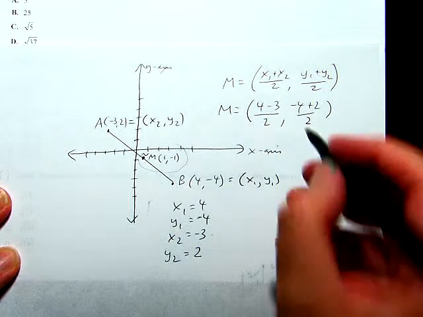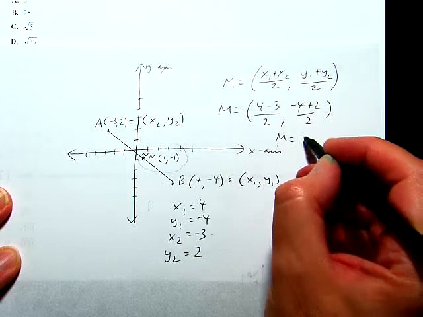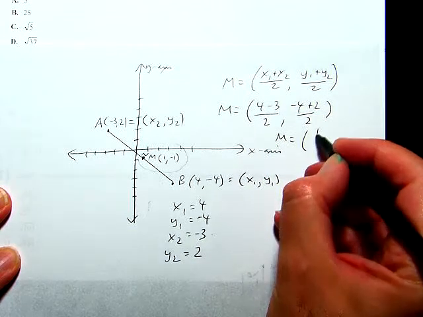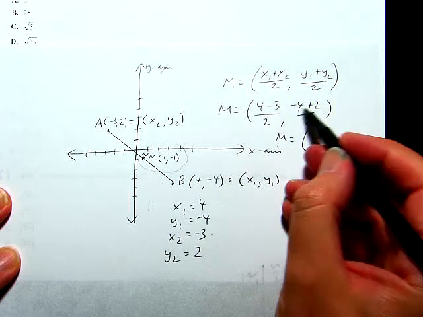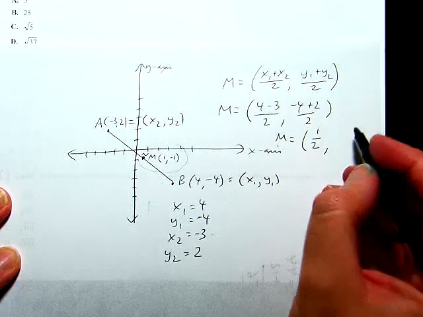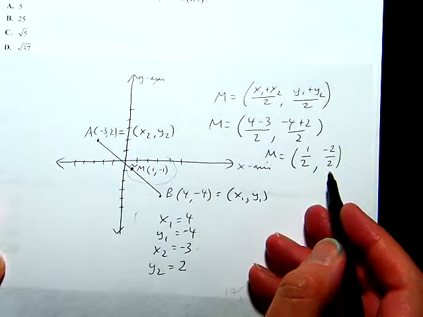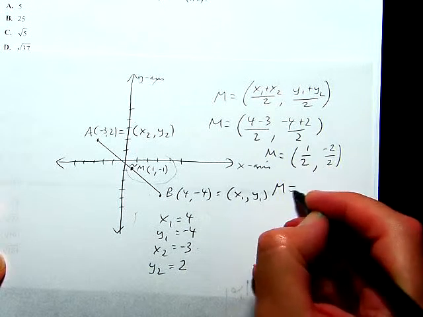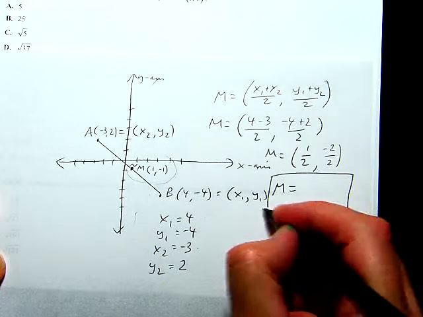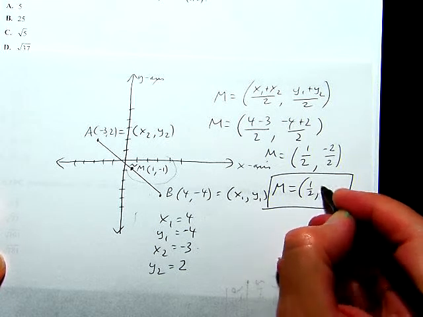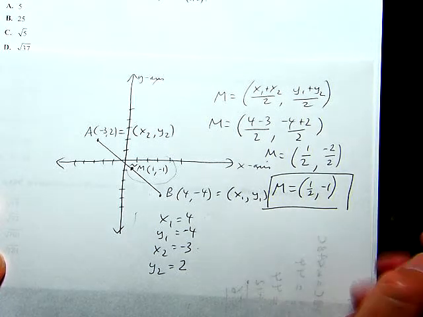Okay, so let's simplify. M equals 4 minus 3 is 1 over 2, and -4 plus 2 is -2 over 2, and that can be simplified to -1. So the answer is m is equal to 1/2, -1. Okay, that is the answer.